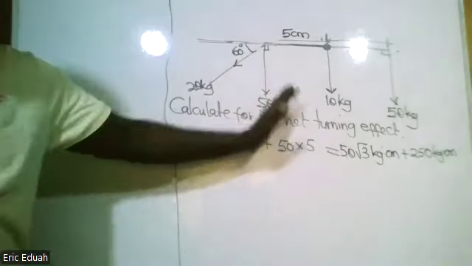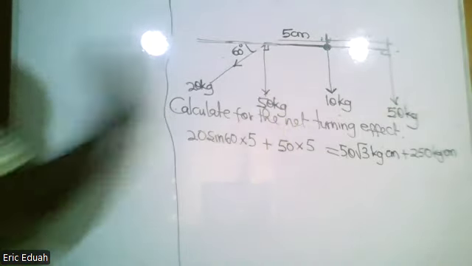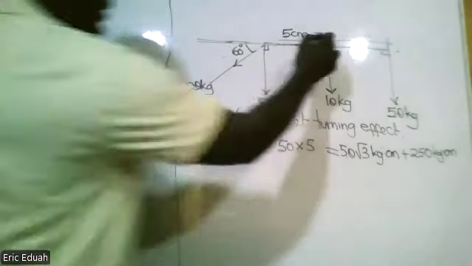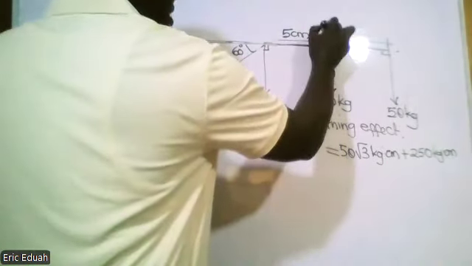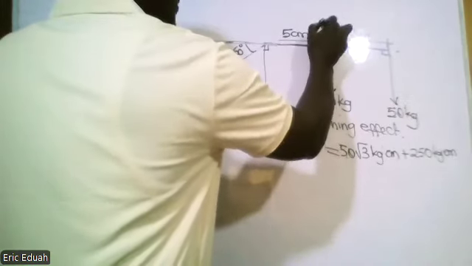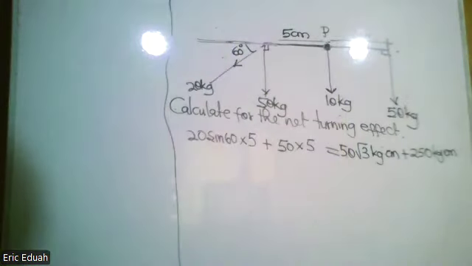This is whatever prevails at the left-hand side of the pivot. This is the pivot P. So whatever prevails at the left-hand side of the pivot, this is it.